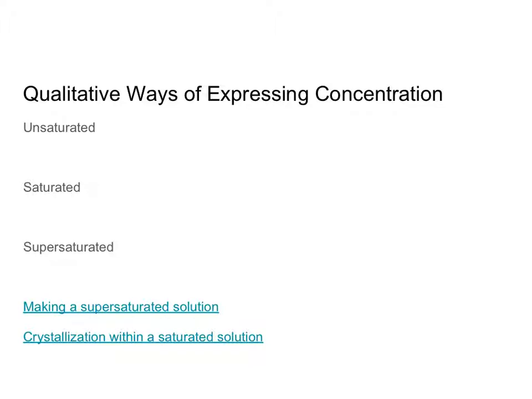Now, we can express concentration of a solution by using these three terms, and we talked about these three terms in the POGL at one point or another. I'm going to start by talking about saturated and move my way back around.